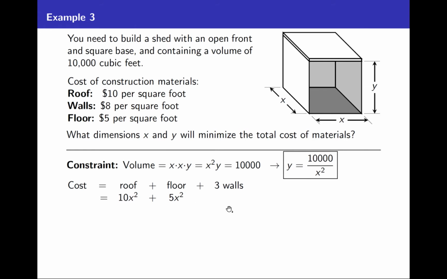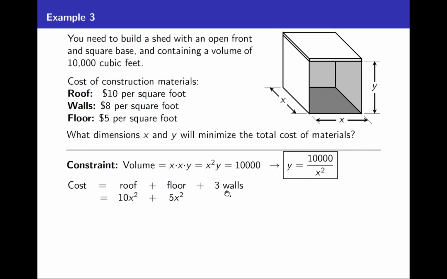Then we have to add on the cost of the 3 walls. Now if you look at these walls, there's one on the right, it's x by y feet. And the back wall, it's also x by y feet. And the left wall is x by y feet.